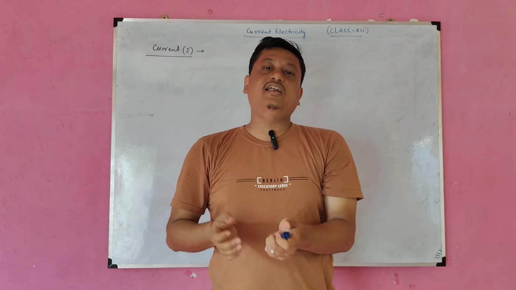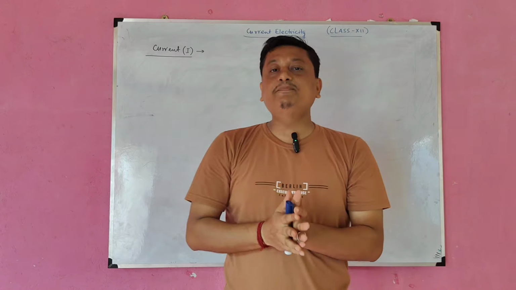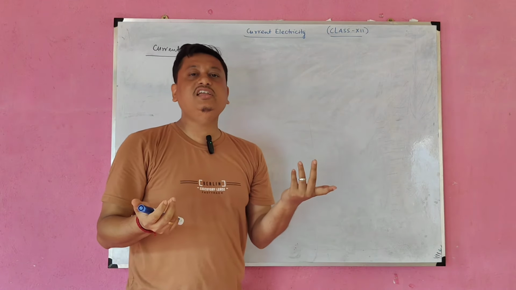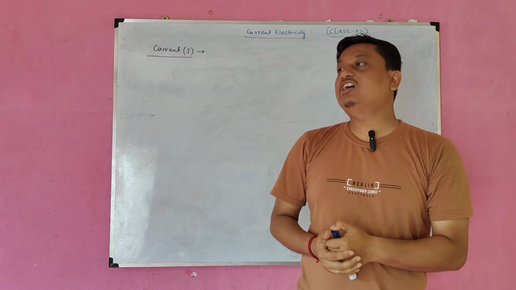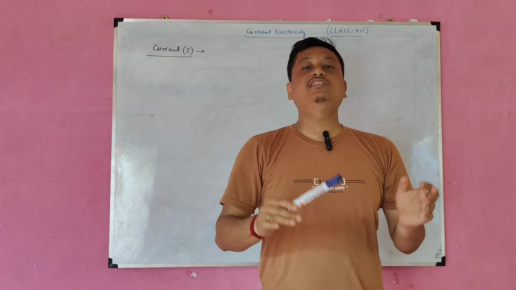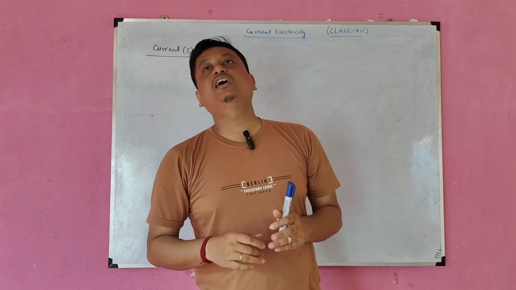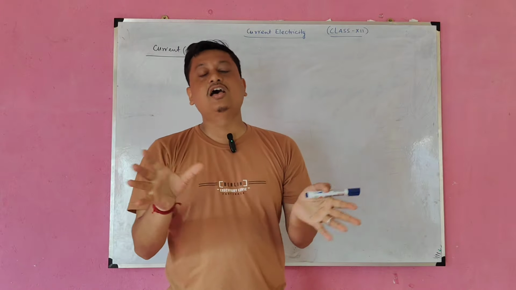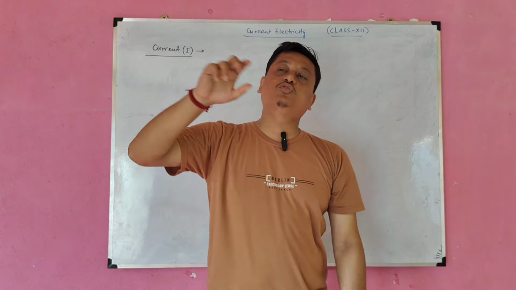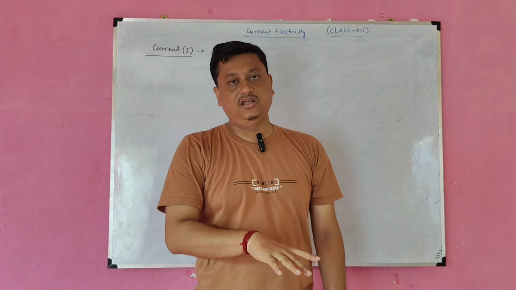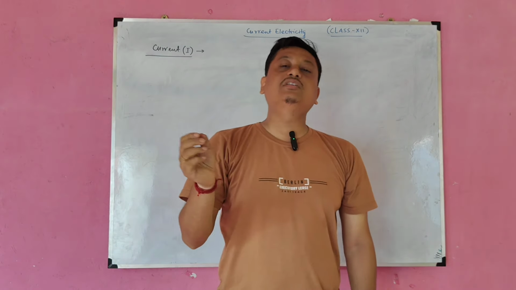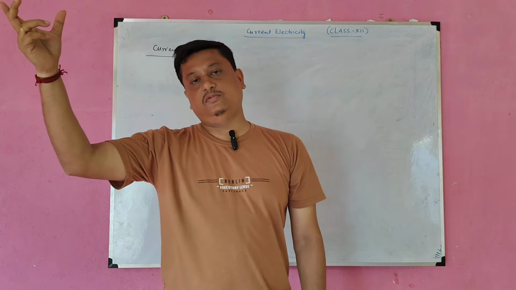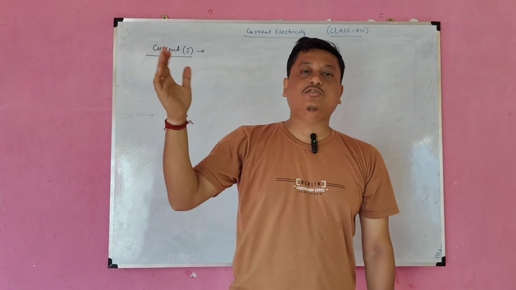So conducting materials have something. What is that something? That is the electrons, or free charge carriers. And how are the free charge carriers produced? In a good conductor, outside the nucleus many electrons are revolving in different orbits, and in the outermost orbit the force between the nucleus and that particular electron is very small.